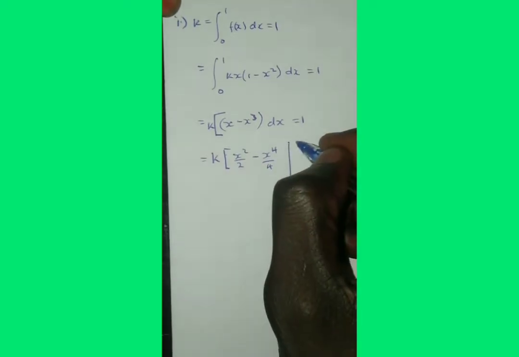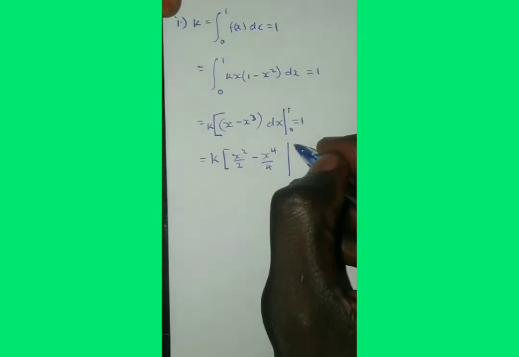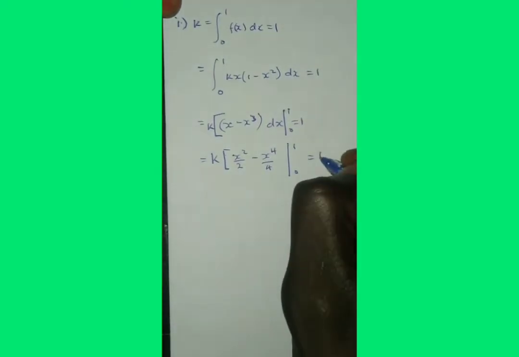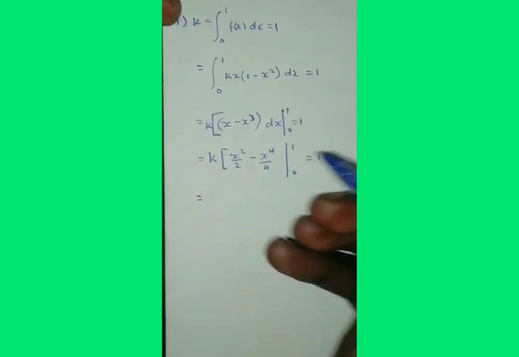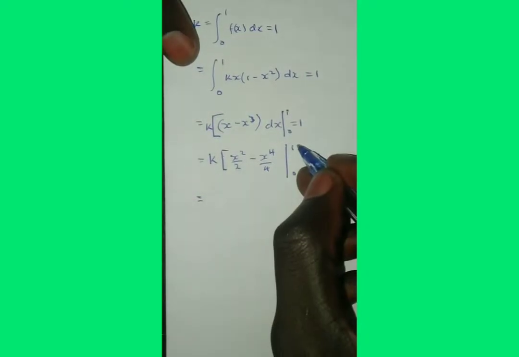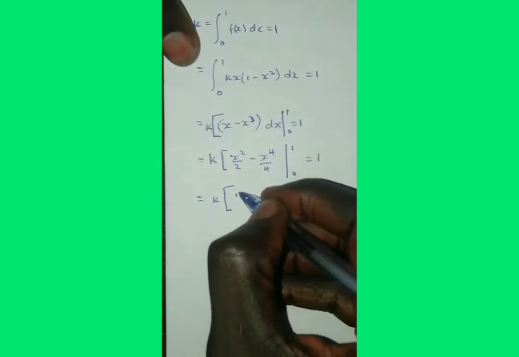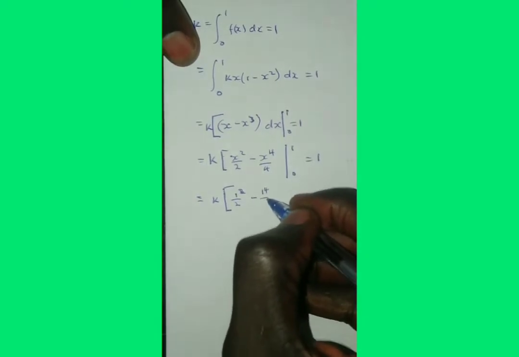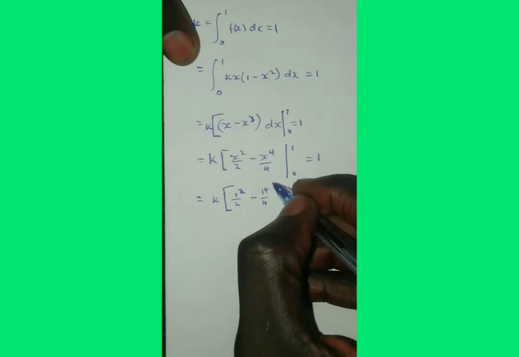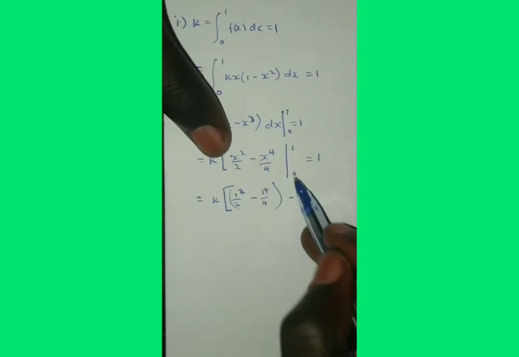Then we put my limits outside here. For my limits, 0 to 1, anywhere there is x I put 1. So 1 squared divided by 2 minus 1 raised to power 4 divided by 4, and then minus, anywhere there is x I replace it with 0.